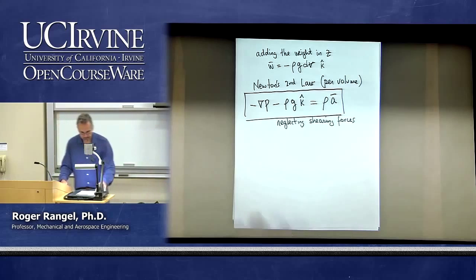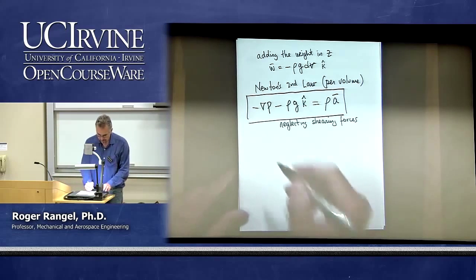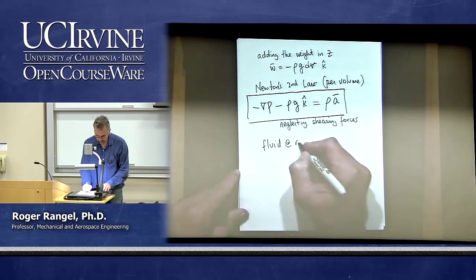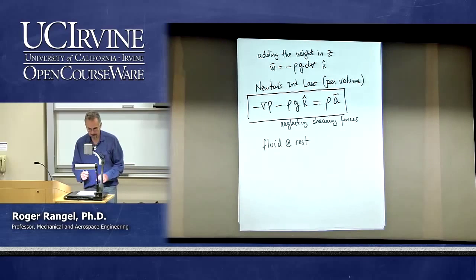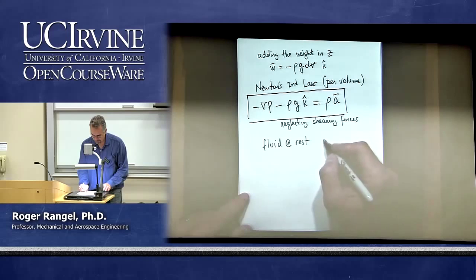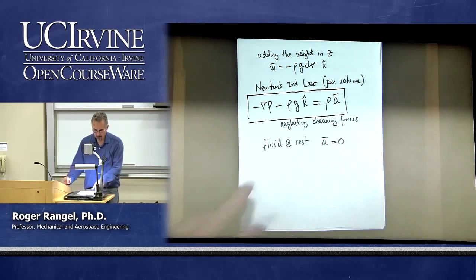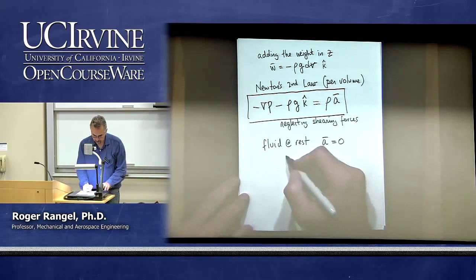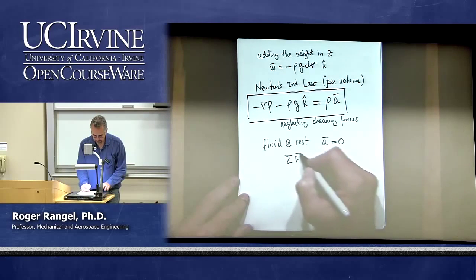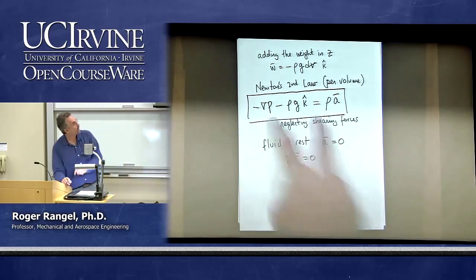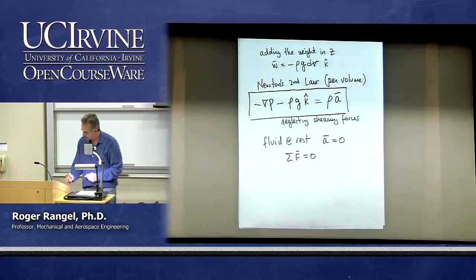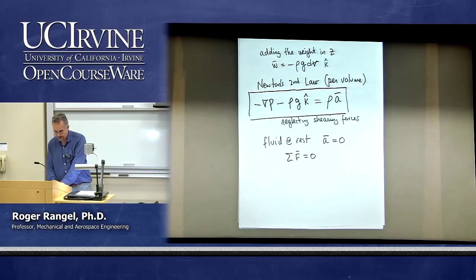For example, if the fluid is at rest, then of course there is no acceleration. So a is equal to 0. This equation reduces to the statement that the sum of forces in all directions must be equal to 0. The left-hand side represents the forces, and I can break it down into the three directions.